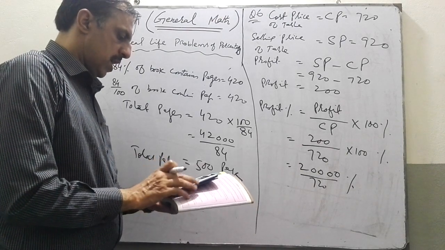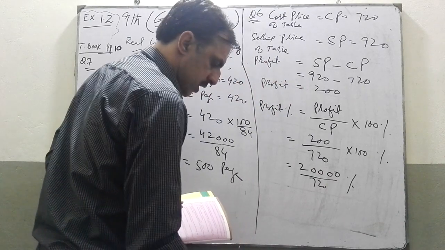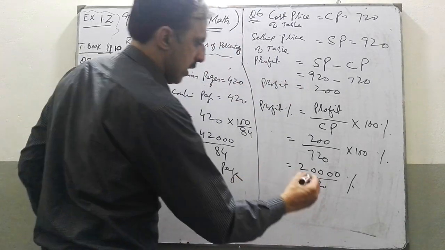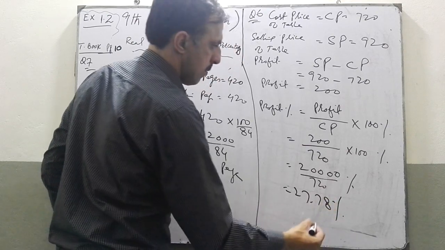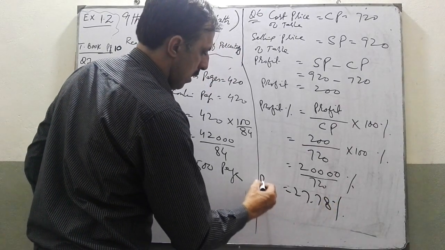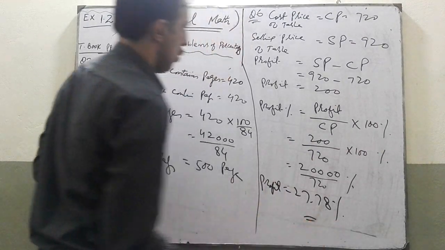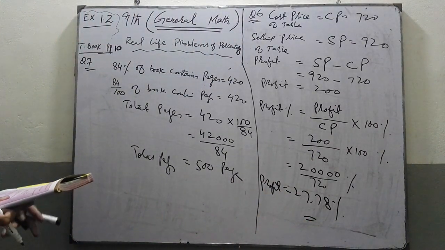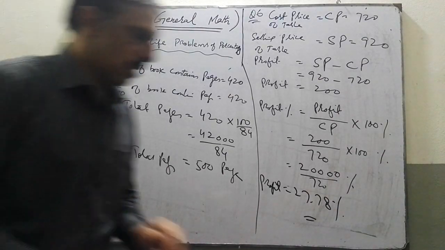That is your answer. The answer is 27.78%. That is your profit percentage. This is your question number 6. Next one is your question number 9.